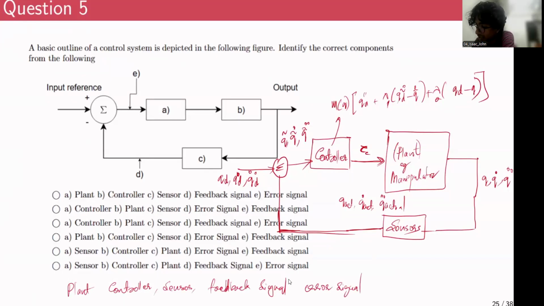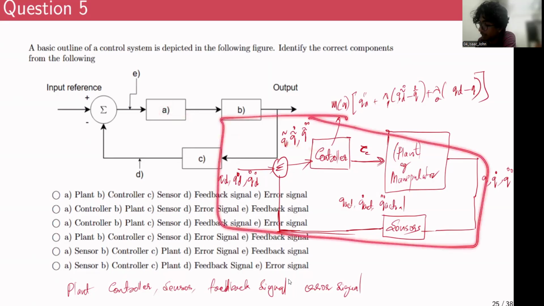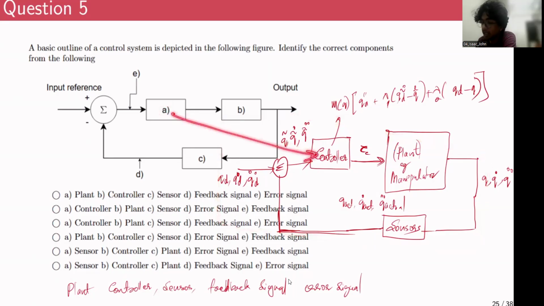So what does option A look like? If you compare this A with this diagram over here, A basically points to the controller, right? This part stands in for the controller. So A is basically the controller.